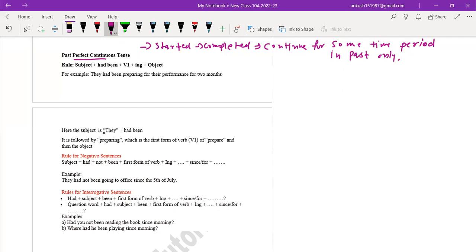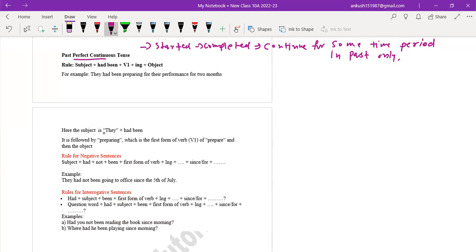Okay, it continued for some extent there in the past, and that is why this tense is used. But most of the times this last type of every tense is not used. They are used very rarely.